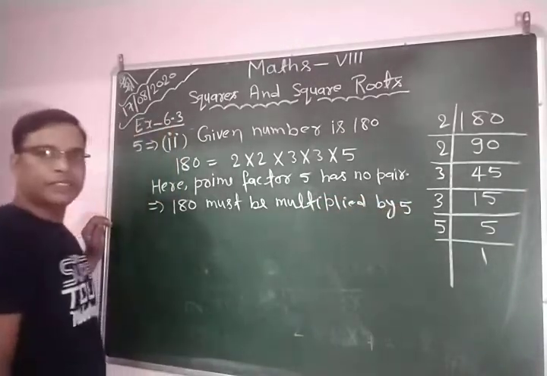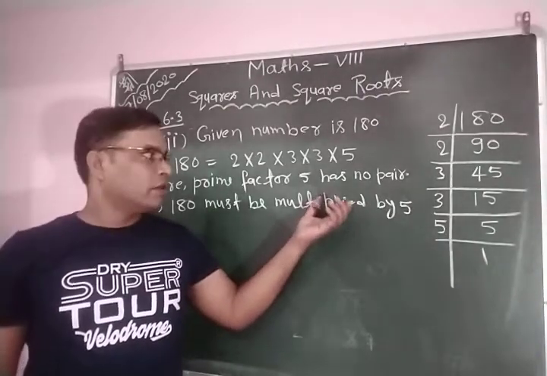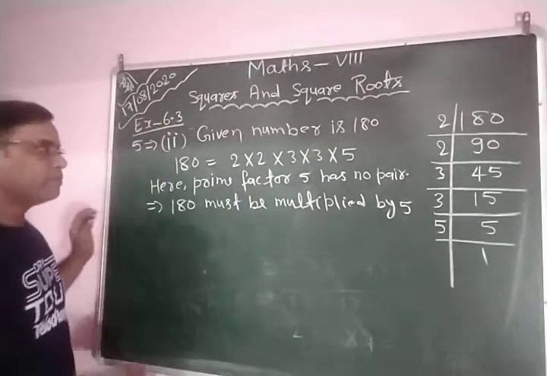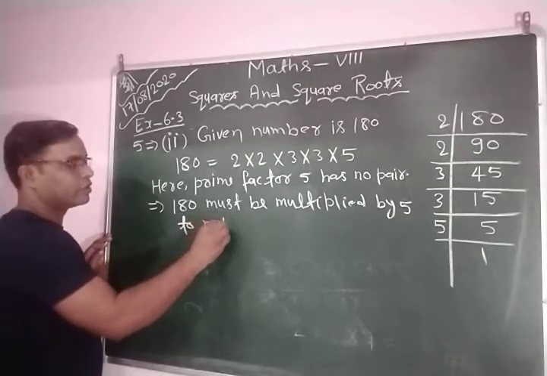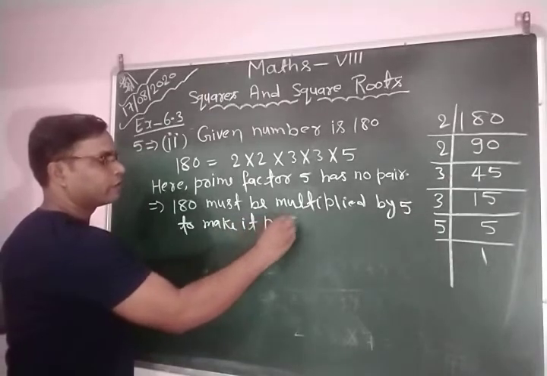Okay, because 5 has no pair, so this number must be multiplied by 5.